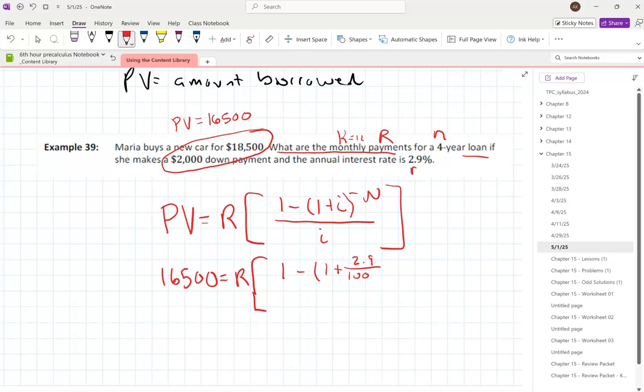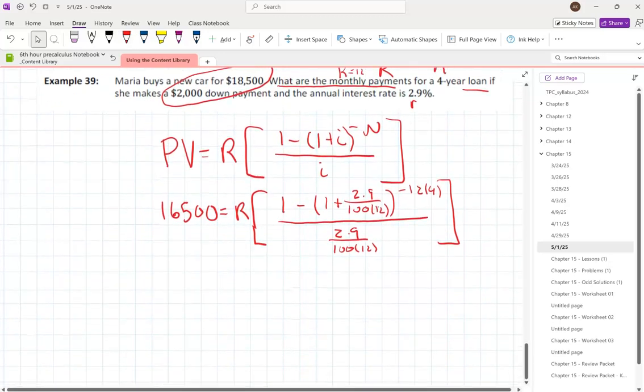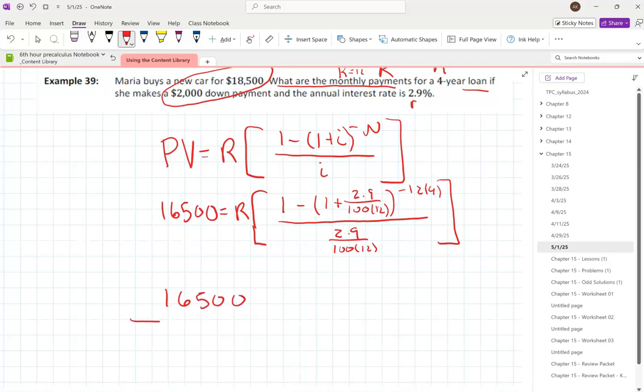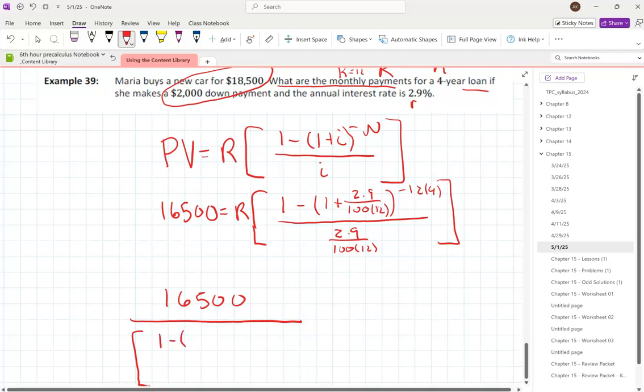So there's that. Now to get r by itself, I would just divide both sides by the stuff attached to the r.